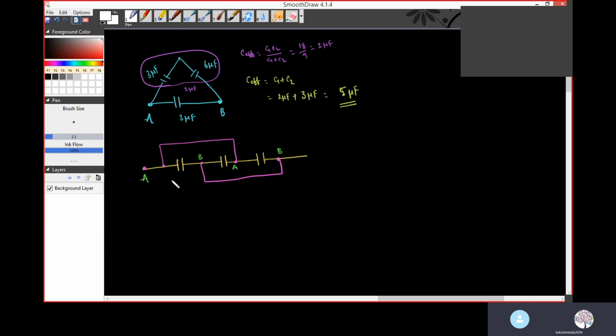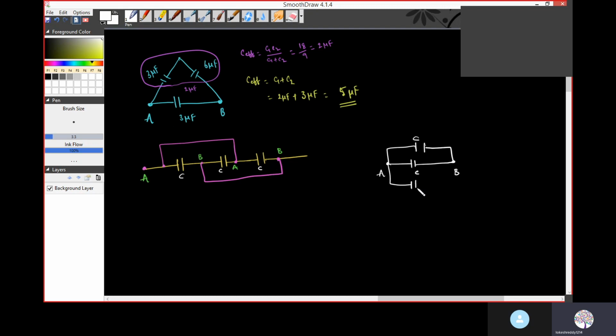Here the capacitance is given as C, C and C. Now I want the potential difference between A and B. So you write A here, B here. Now A to B, one capacitor is there, its capacitance is C. Then B to A, one capacitor is there, and again A to B, one capacitor is there.